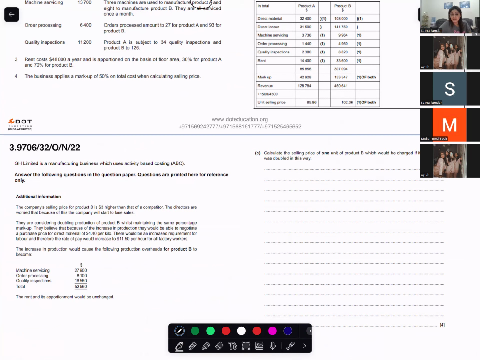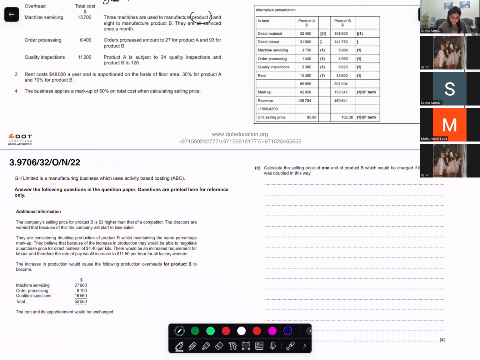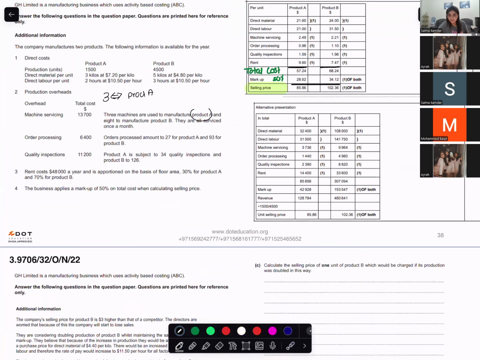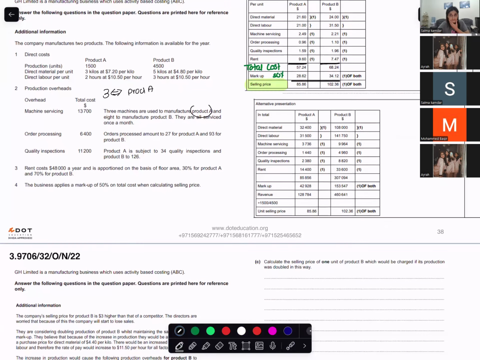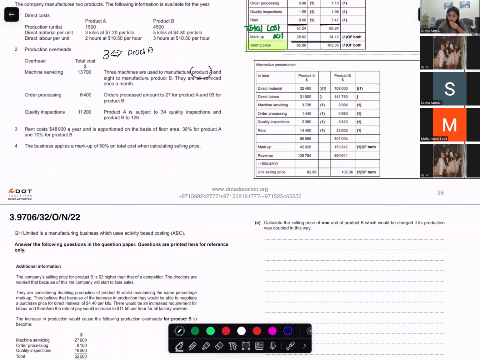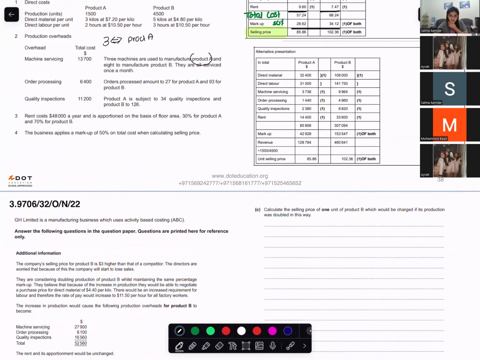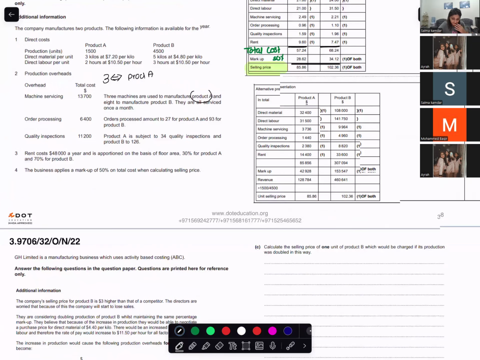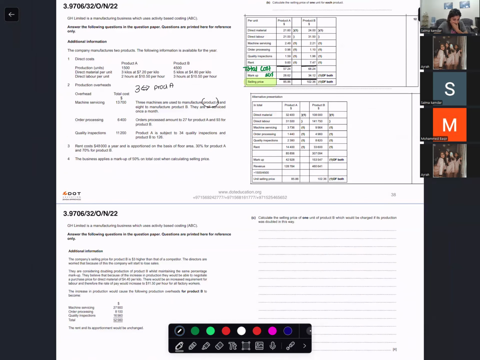Now what is the C part? Calculate the selling price of one unit of product B, which would be charged if its production was doubled in this way. Okay, what does this mean? I think you have to read the question again. Okay, read it. The company's selling price for product B is $3 higher than that of a competitor. The directors are worried that because of this, the company will start to lose sales.